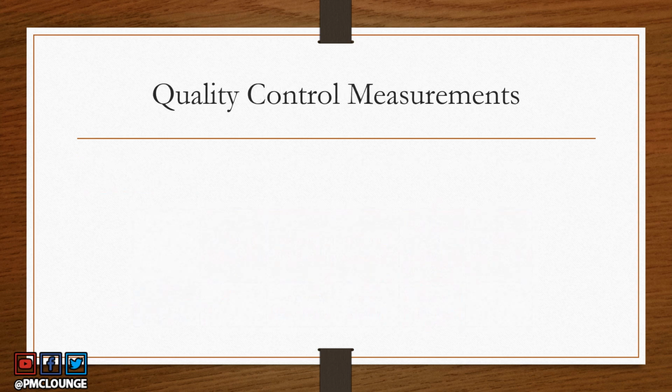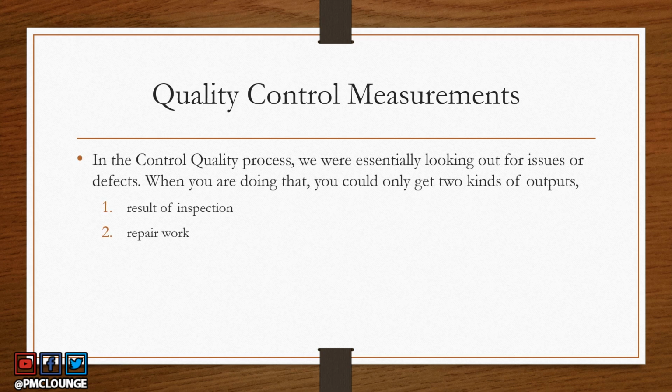So let's talk about quality control measurements. Now, in the control quality process, what do you do? You are essentially looking out for issues or defects, bugs. You're looking for that, right? And when you're doing so, you could only get two kinds of outputs.